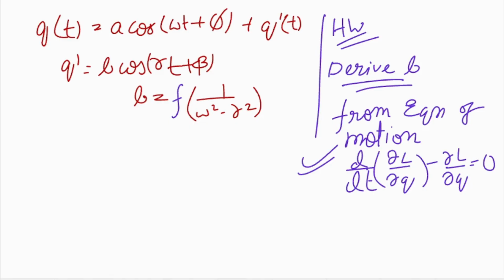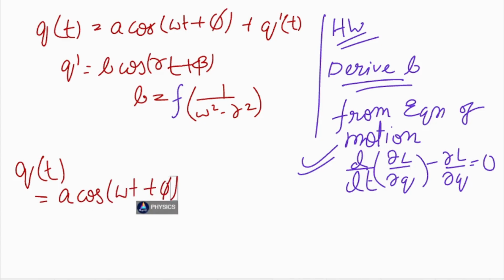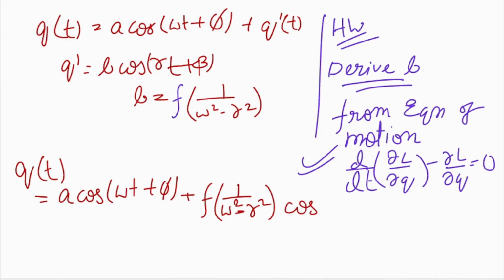Okay, so what finally do we observe? What finally do we get? We get q as a function of t will be a cos omega t plus phi plus F into this times cos gamma t plus beta.